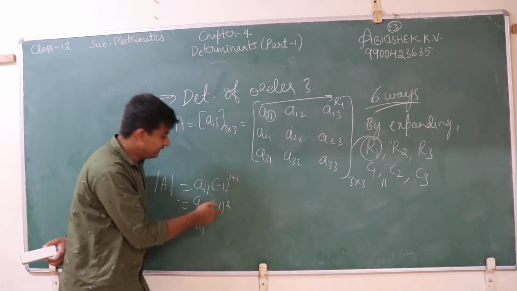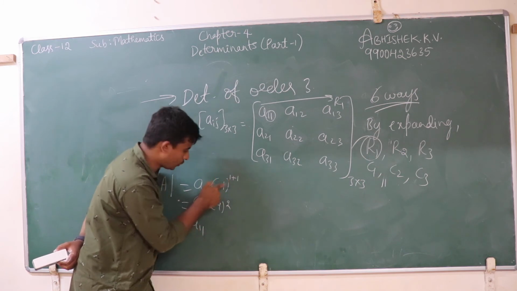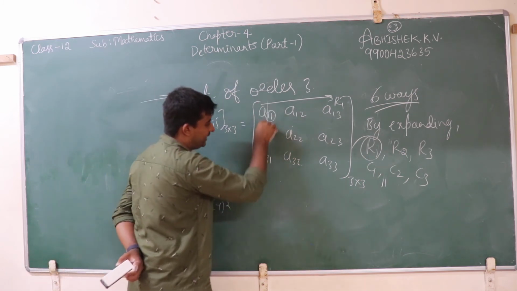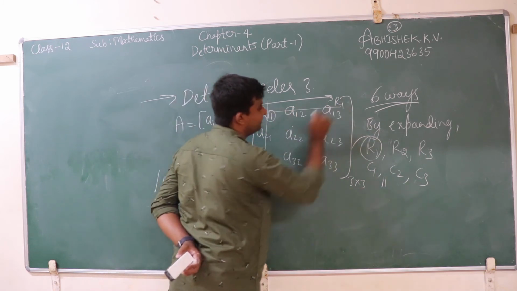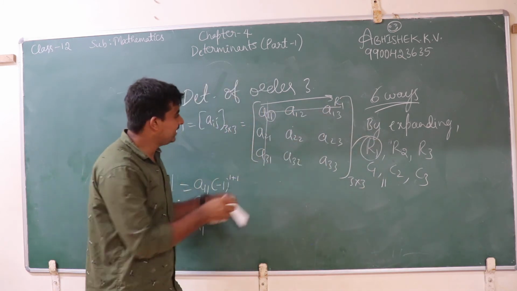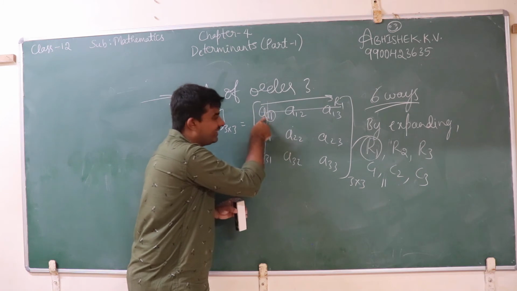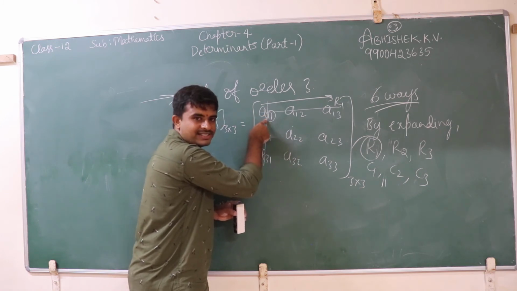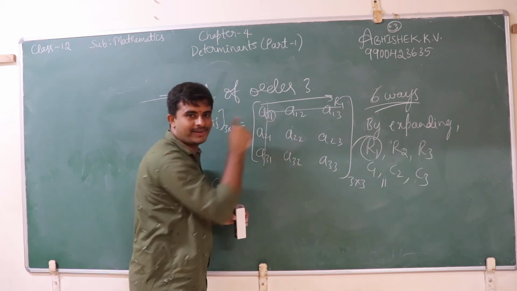Then you should delete this first row and first column. Why? This element is A11, suffix 11. The first suffix represents the row, the second suffix represents the column.